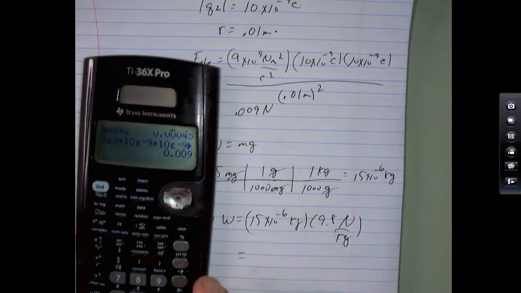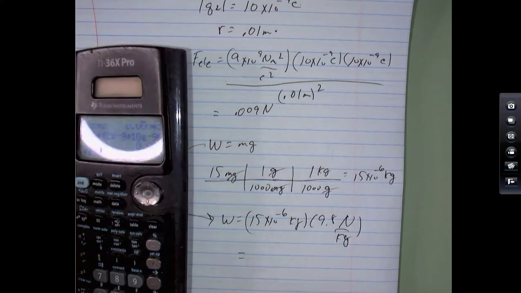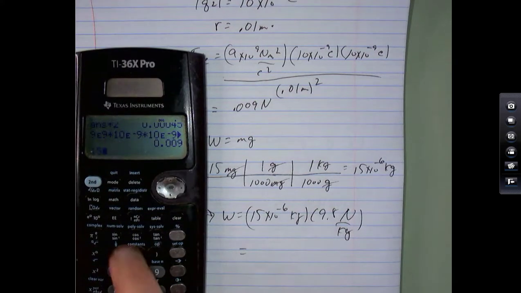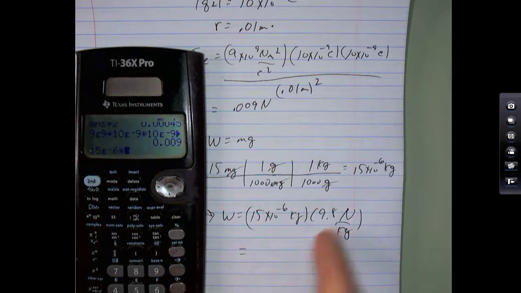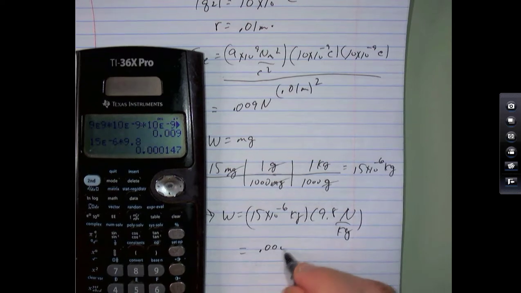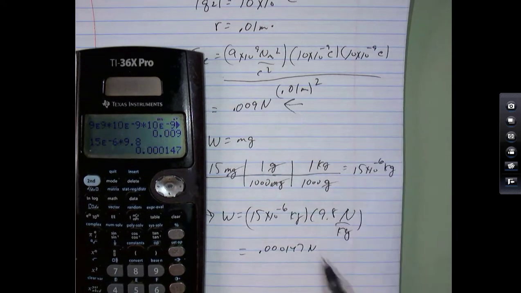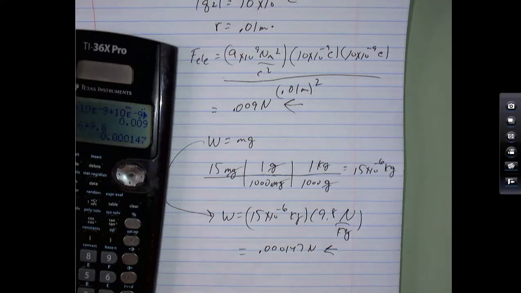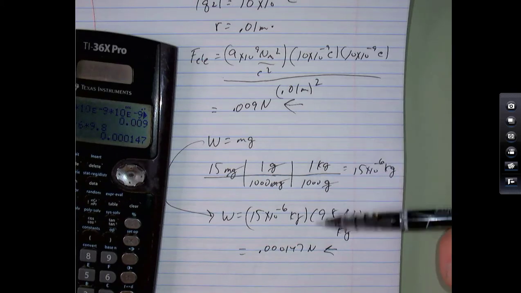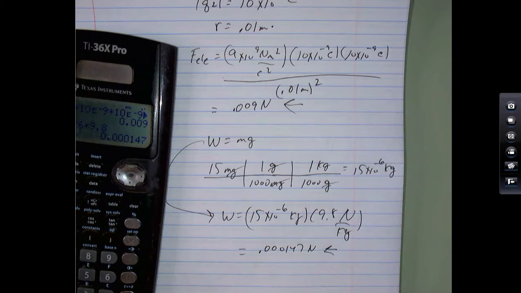Let me actually do this then. 15 times 10 to the -6th times 9.8. 0.000147. Electrical force bigger than the weight, it actually leaps up towards it. Okay, good, that's pretty neat. If you actually had this situation, they would come into contact with each other. You overcome the weight.